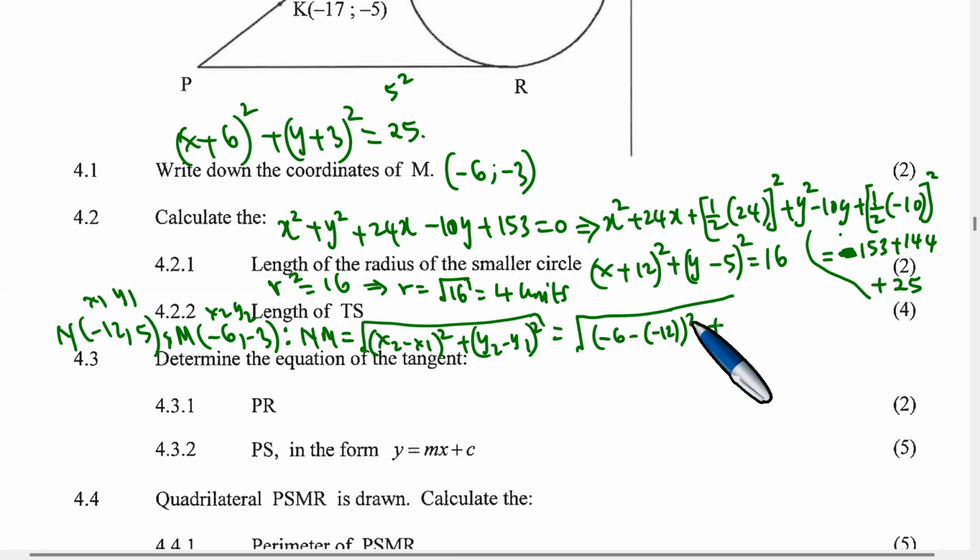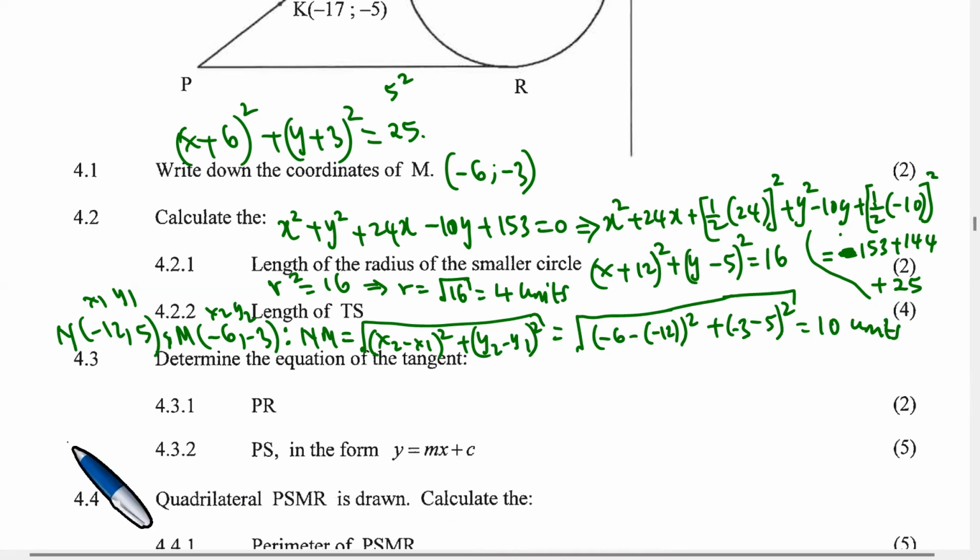Y2 is minus 3, y1 is minus 5, squared. So in the end, if you do this, it becomes exactly 10 units.